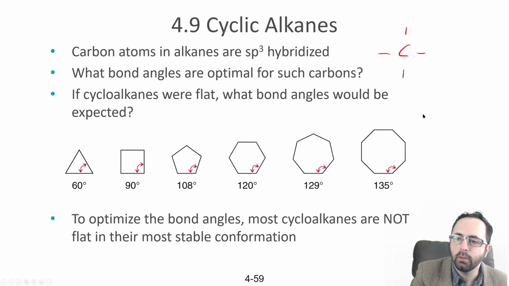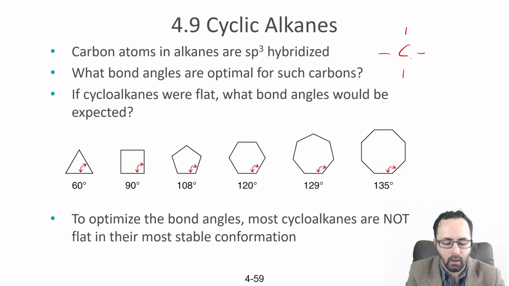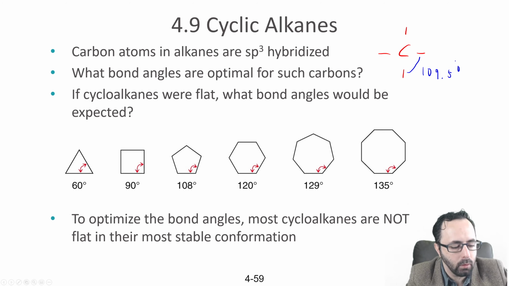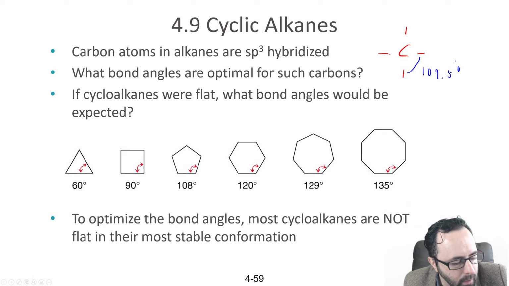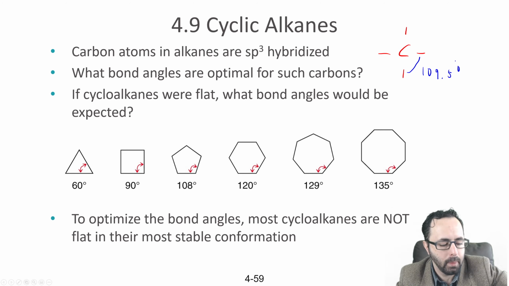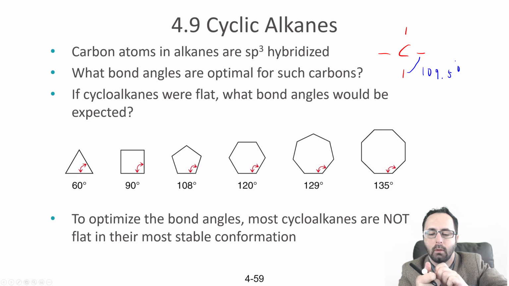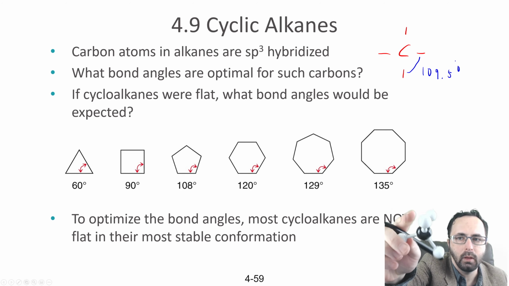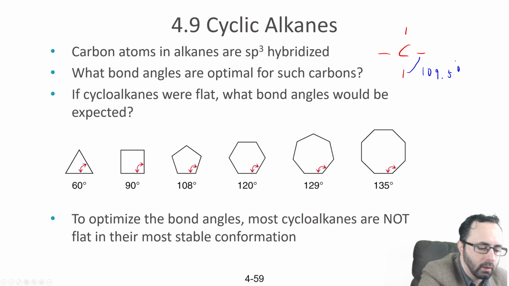This arrangement is tetrahedral in bonding shape, and the bond angle is approximately 109.5. If we're just looking at methane, it is tetrahedral, and every angle here is 109.5.